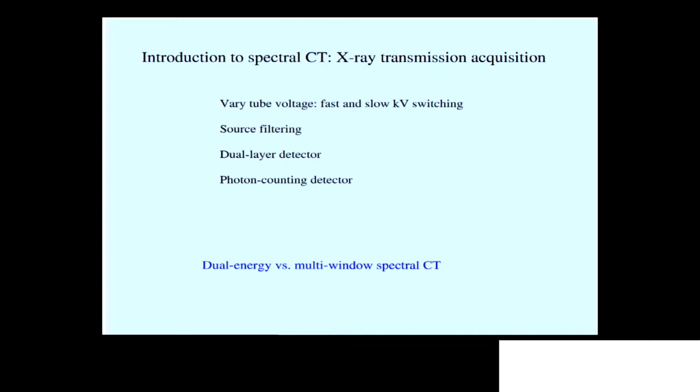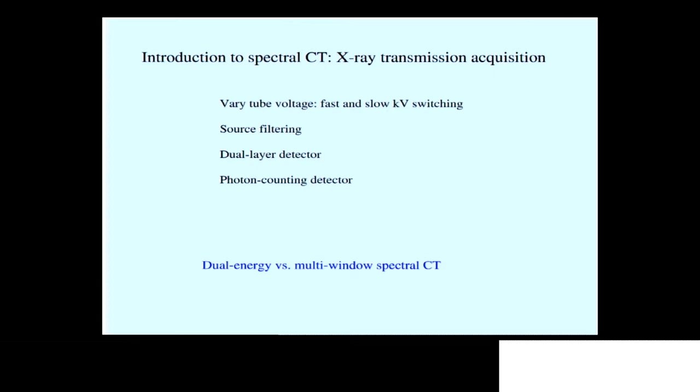So you can imagine doing one scan at one energy and another one at another energy, or you can switch quickly from view to view, or less quickly over different arcs of the scan, to get different spectral radiation that you'll detect. You can do source filtering also. You can also have dual layer detectors, where on the detection side you have different sensitivities.